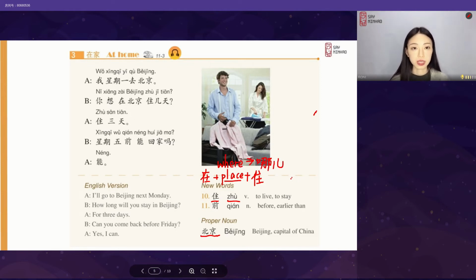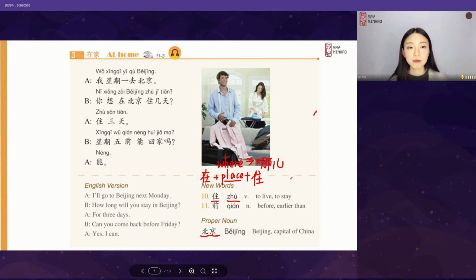Where do you live? 你在哪儿住? Okay, 你在哪儿住? And we are going to discuss how long to stay, right? How long to stay. Wherever you live, you will stay at the place, and it is about the time.